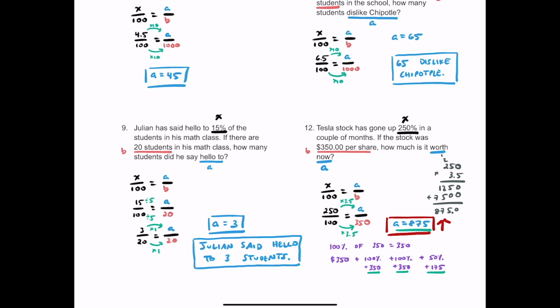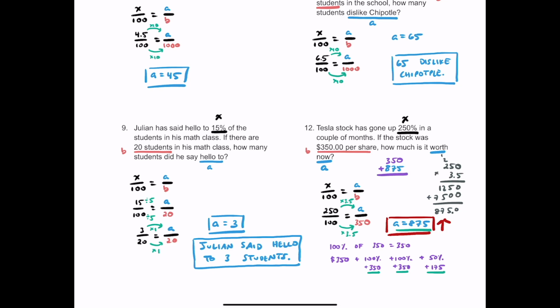So when something goes up by 250%, you double the value plus another half of it, and this is on top of what the stock was initially worth, okay? So again, this one's a little bit of a tricky problem. I just thought I'd try to explain it a little bit more clearly. The stock was initially $350 and it went up by 250%, which we found out is $875, okay?